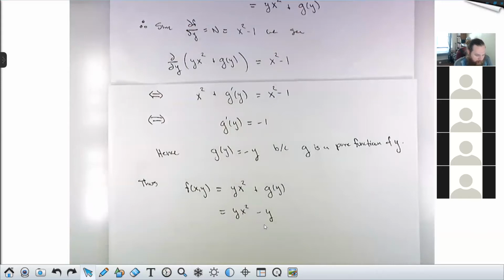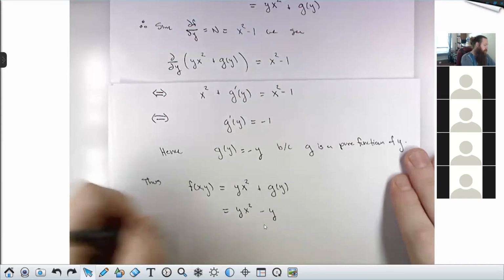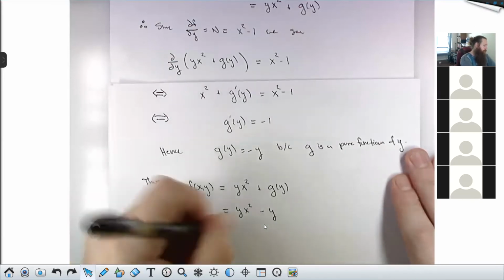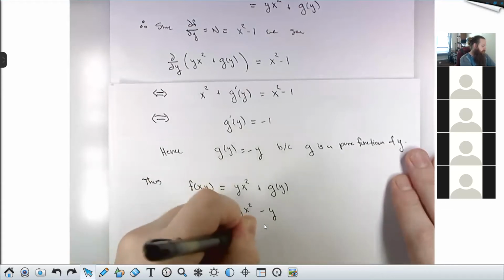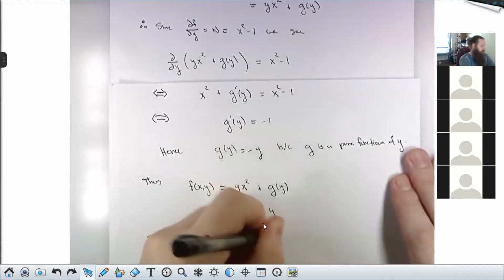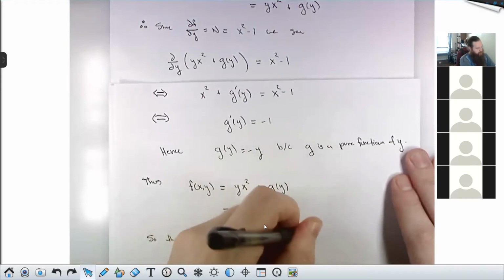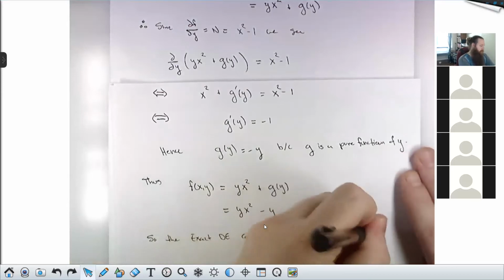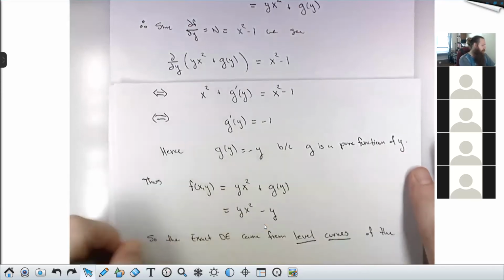Now remember, the last thing we need to look for here is the fact that the supposition that we made is that the exact differential equation came from looking at level curves of the function f.